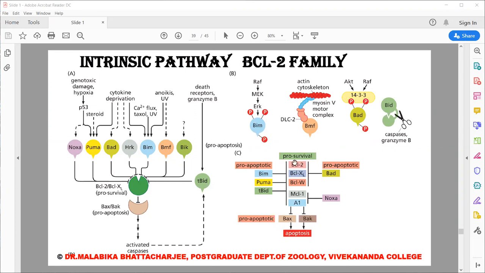Whenever a regulatory protein is activated, it actually pulls the pro-survival member towards itself, as a result of which these killer proteins are free. So as you can see, normally the green remains partnered with this cream-colored protein. That is how they are present in the cytoplasm.